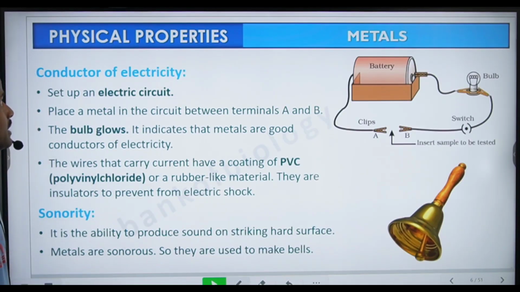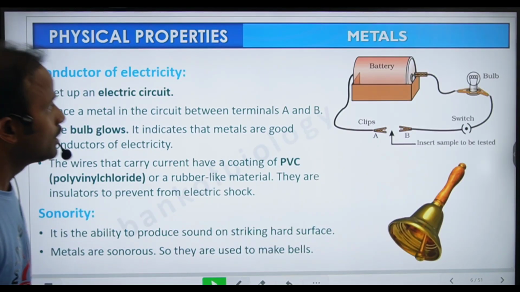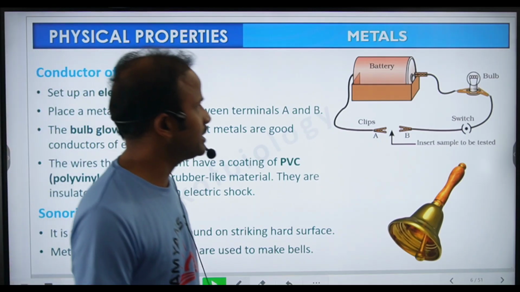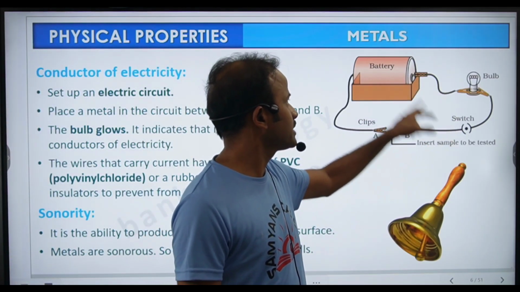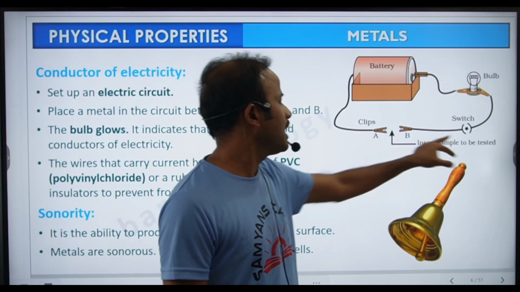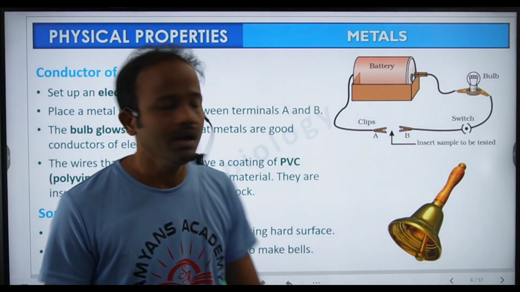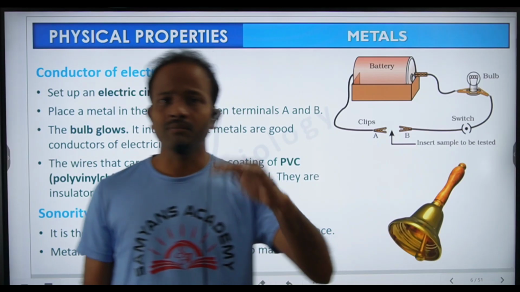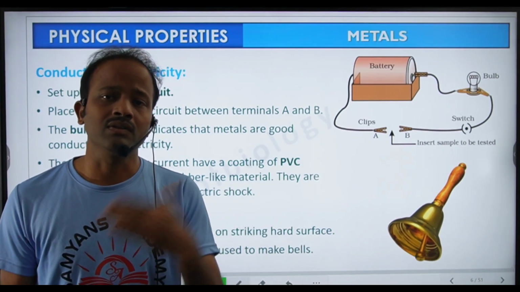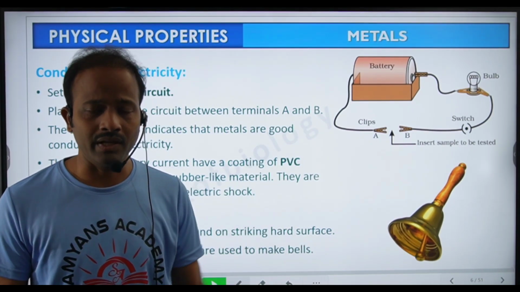Next one, conduction of electricity. To show this activity, we connect two wires with a battery, and here we have a bulb, and here we have some gaps with clips. In between the clips you arrange different metals. You take one copper wire, another aluminum wire, or silver wire.